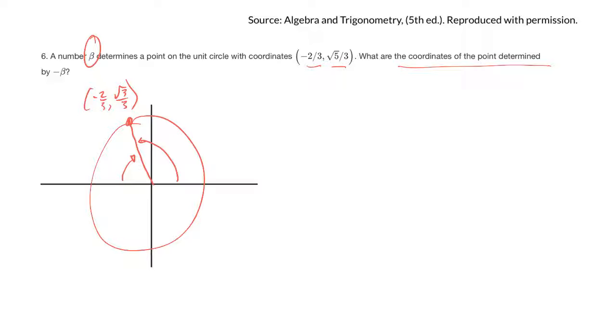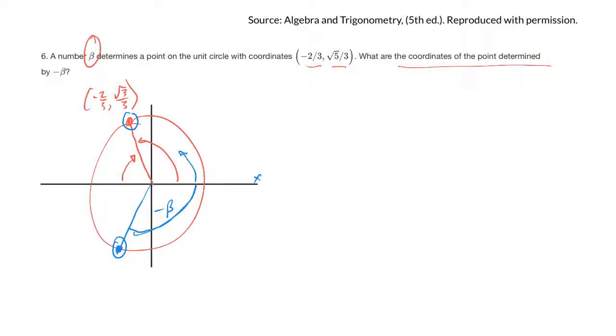So if, instead of going up to get to that angle, I have to go down, I have to go by the same amount. So that point there and this point here would be reflections on the x-axis. But this would be the angle minus b.